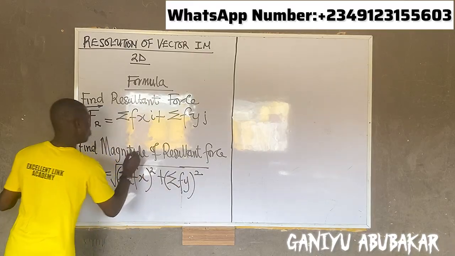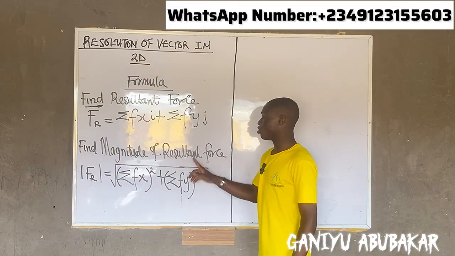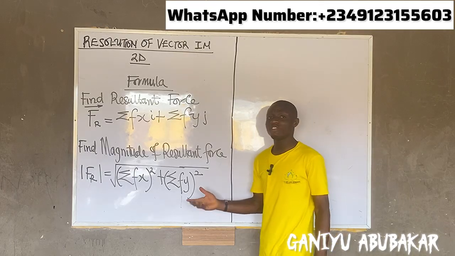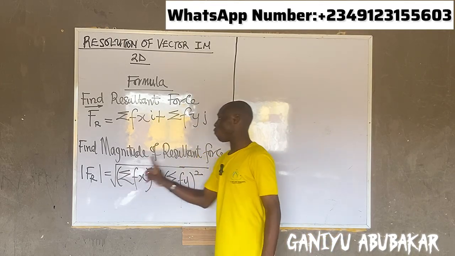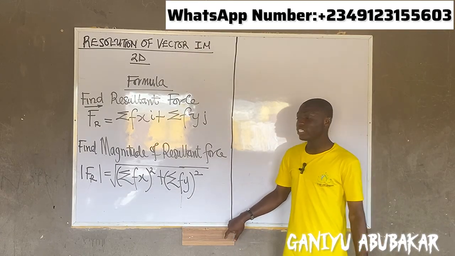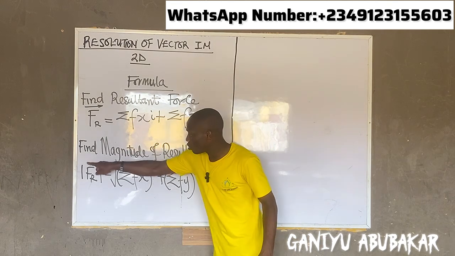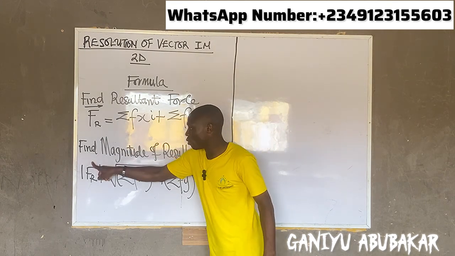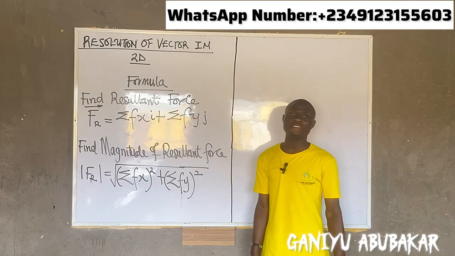This is how you calculate the magnitude of a resultant force. In case it is to be in vector form, put the arrow and put i and j.